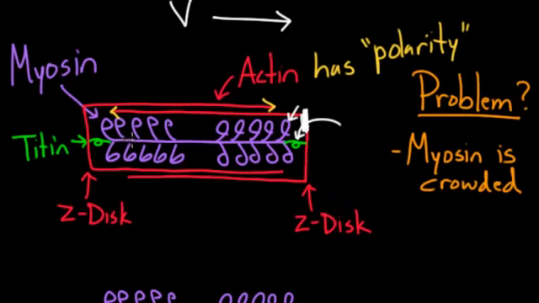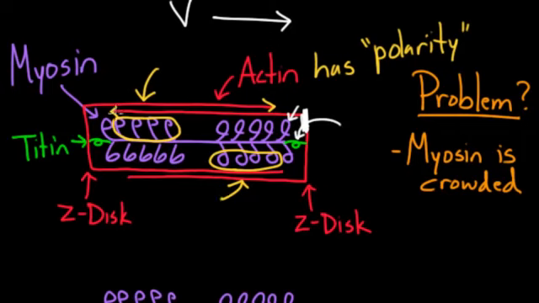So for example, these four right here, I'm going to draw a circle around them in yellow. These four really want the actin on this side. And these four down here really want the actin on this side. But both of those groups of myosins are blocked by the other actin.